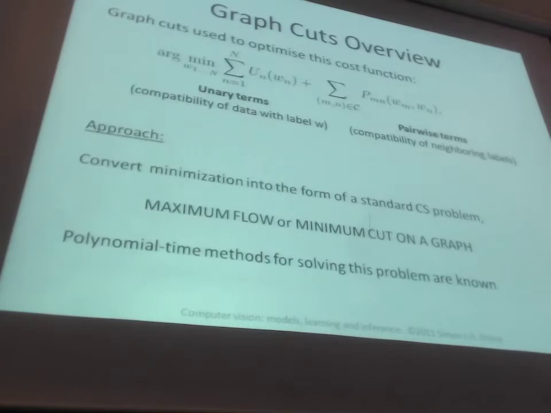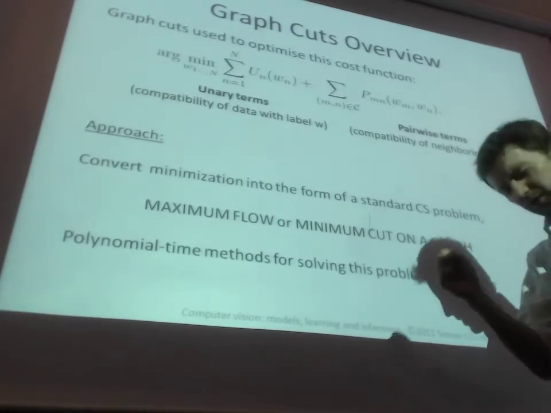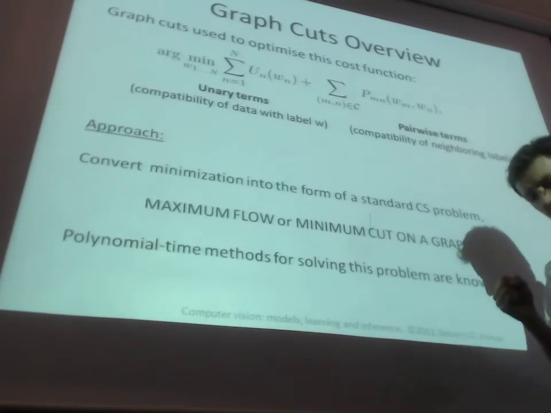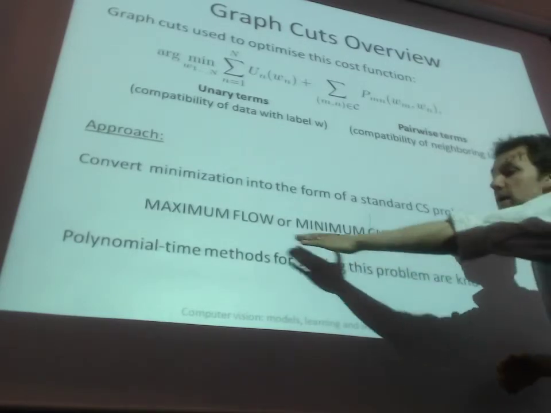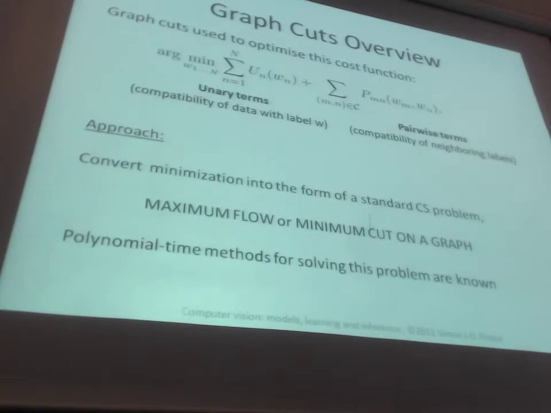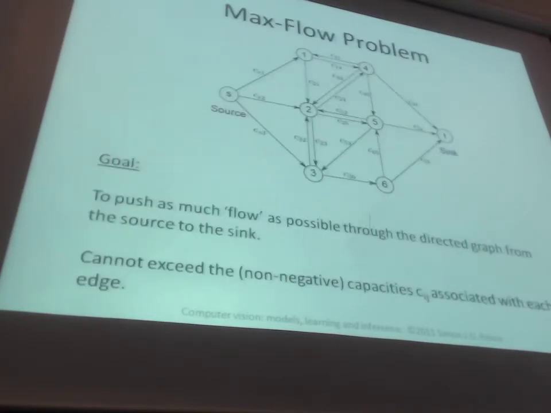Now, we're going to take a slight detour. Remember we want to use graph cuts. We think graph cuts will be good. What are graph cuts? To answer that, we need to look at the maximum flow or minimum cut problem. The max flow or min cut problem is beautifully defined in many computer science algorithms textbooks, and we're going to go through it here and work through an example so that it's very familiar.